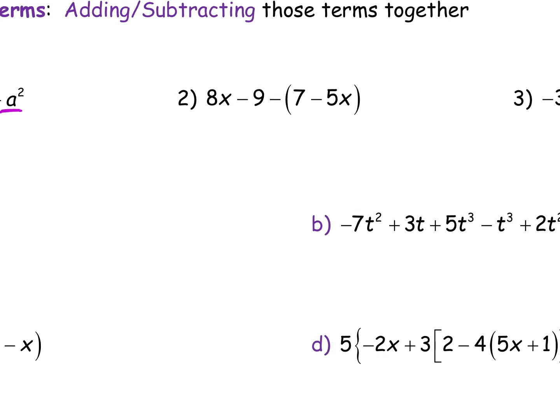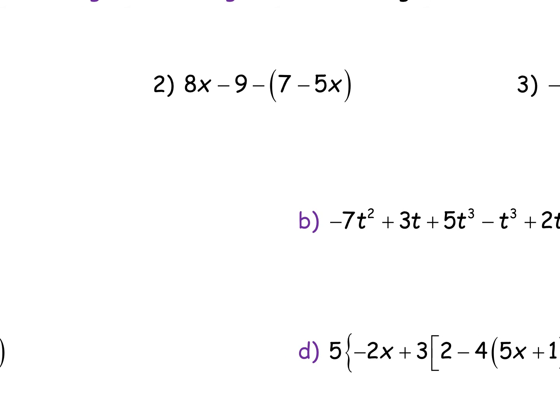Okay, what do I have to do first in number 2? Is there anything to do inside the parentheses? No. So what am I doing with the parentheses? I'm distributing the negative. Good. So I'm going to take that negative and distribute it through. So I get 8x minus 9 minus 7 plus 5x. Identify your like terms.